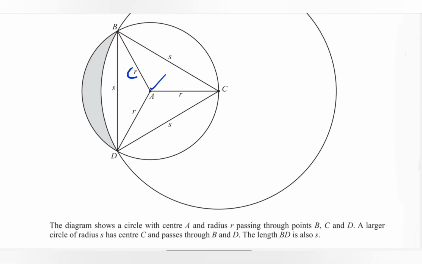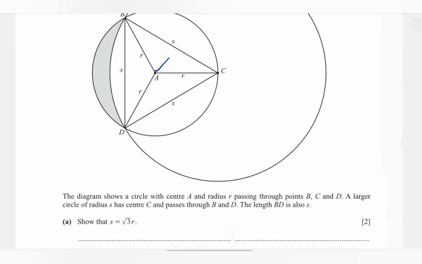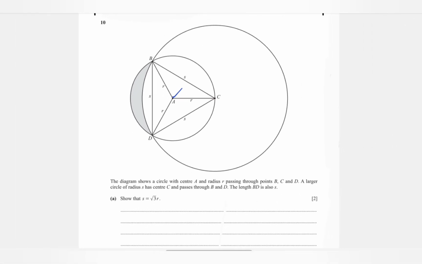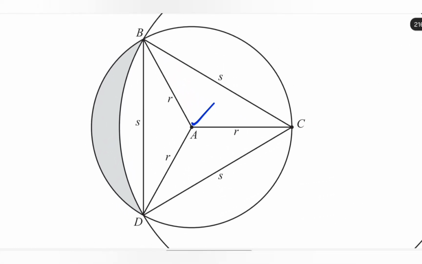You can see the r values there, and it says passing through points B, C, and D. A larger circle of radius S is center C, this big one, and passes through B and D, and it says the length BD is also S. Then part A goes on to say show that S is equal to root 3r. This is like us being asked to express S in terms of r. So I'm just going to try and look for a relationship here.